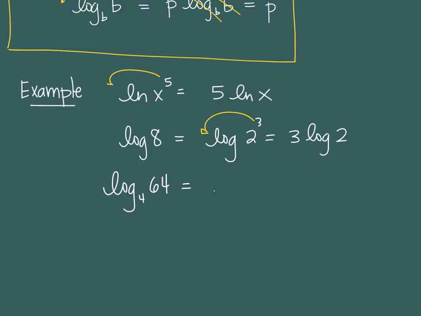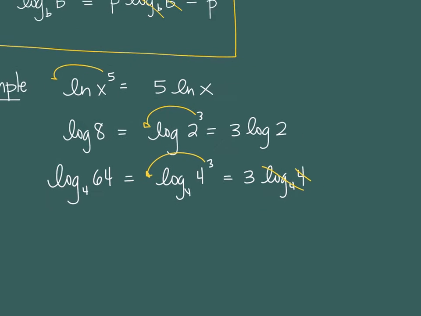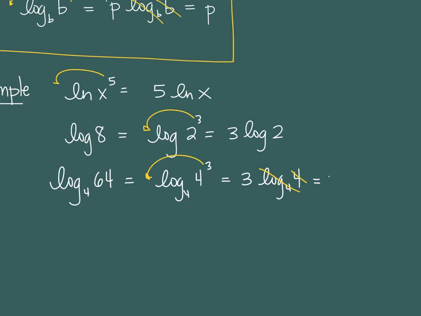So you could do either of those. Let's do 4 cubed. We'll move the power to the front. That would give me 3 in front, log base 4 of 4. And here's your first opportunity where the base is 4 and the value of the number is 4. And so they cancel each other out, and you're left with 3.